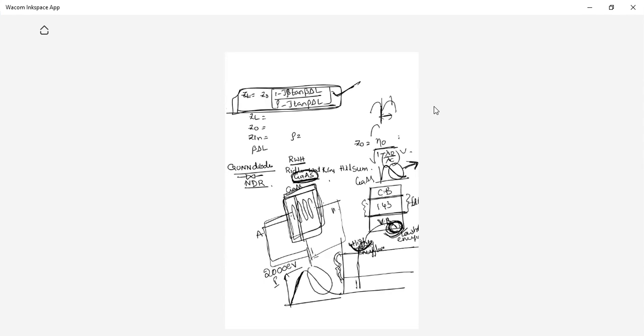This region is called the negative resistance region. You have to explain this operation using these characteristics, using the valence band and conduction band.